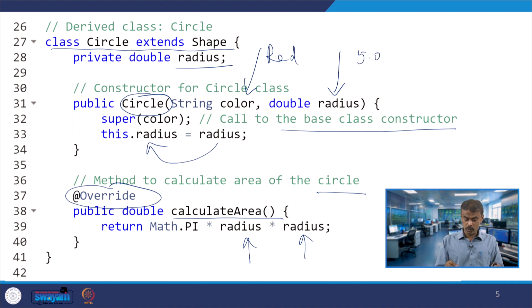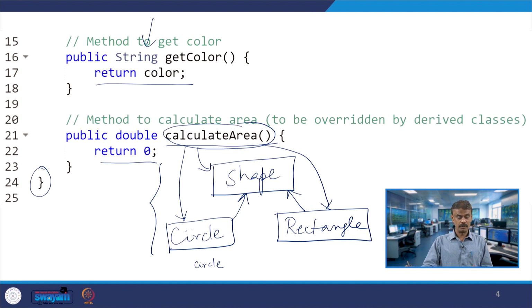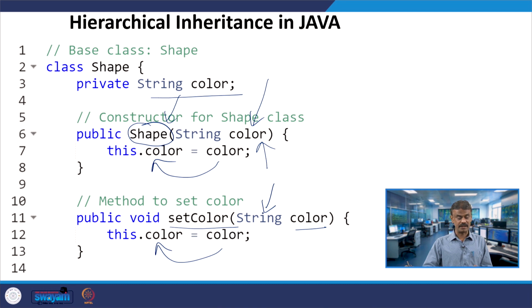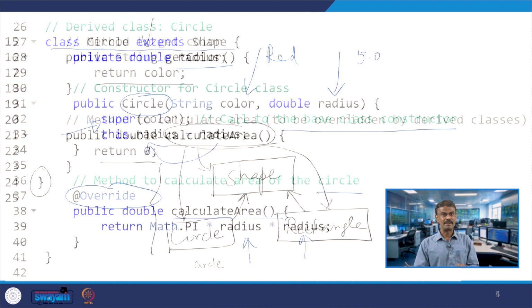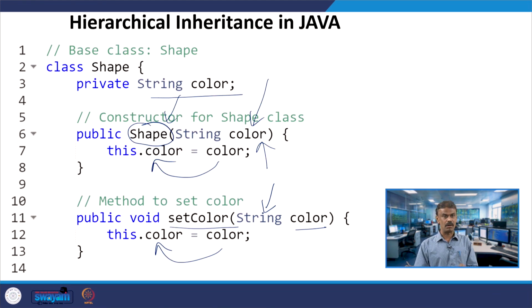Now you have here the super color, that means the base class constructor will be invoked. When the base class constructor is invoked, you are passing red, color is red. What is the base class constructor? You have shape, and with the help of super you are passing color. So the base class constructor will be called, and line number 6 will be invoked by passing color, color is red.